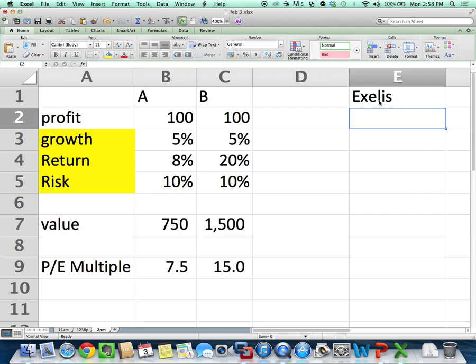So before I even walked into the room, I knew it would be one of 3 reasons. What were the 3 reasons that Exelis could have a lower PE than the defense and aerospace industry? Lower spread. They could have a lower spread, which breaks into the two concepts of spread.